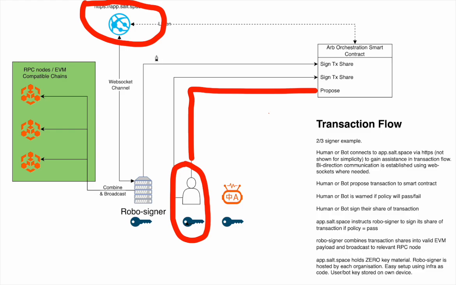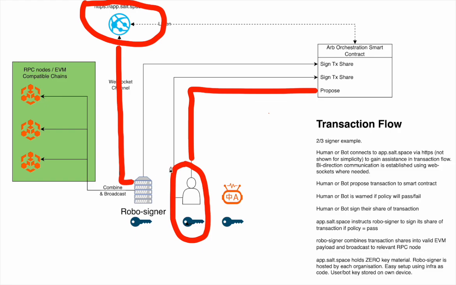And then if app.salt.space says, hey, this transaction meets all the policy guidelines, it sends a signal to the robo-signer, and we use WebSockets, and tells it to participate in the transaction.